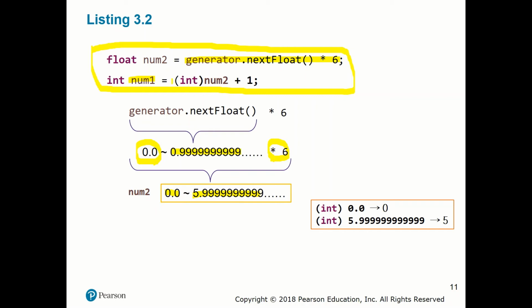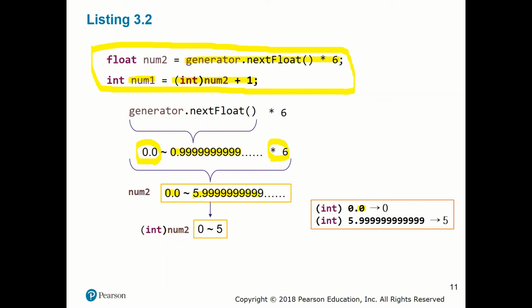And then I will apply this expression. At first I apply integer casting to this number. Then it will give 0 to 5, because if you apply integer casting to a floating point number, the fractional part will be truncated.